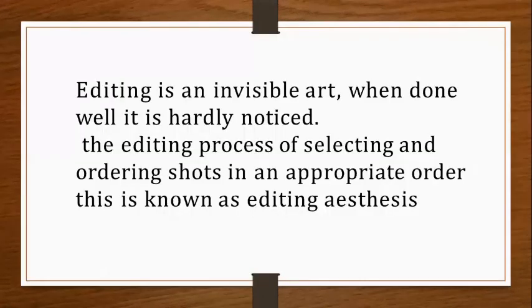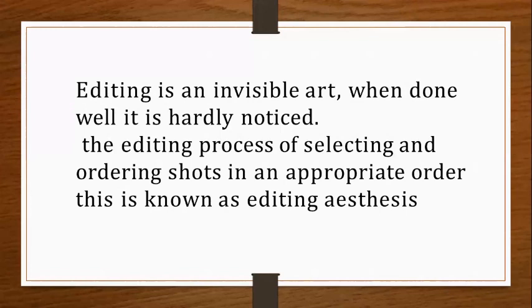In editing ethics, the goal of editing is to create a final product that not only maintains continuity but is both effective and evocative. A good editor can seemingly manipulate time and space, transforming an audience's experience.